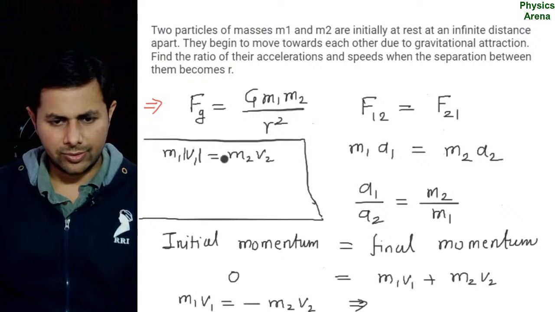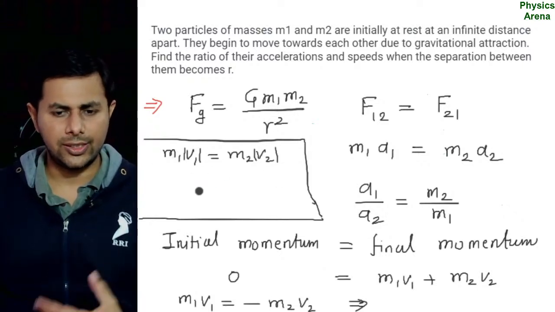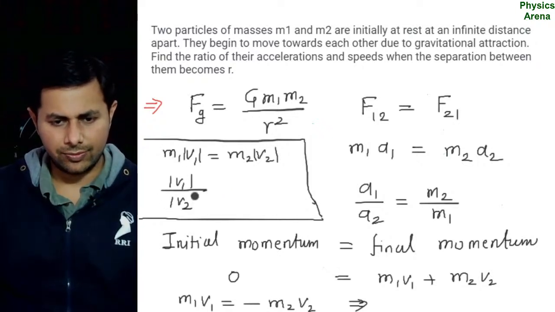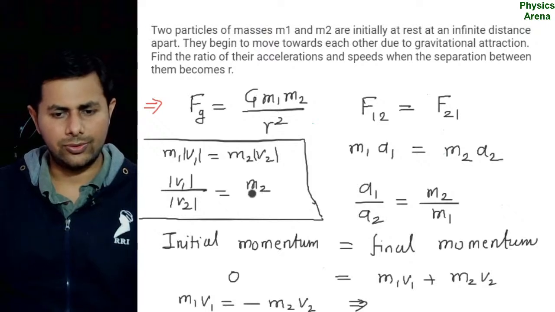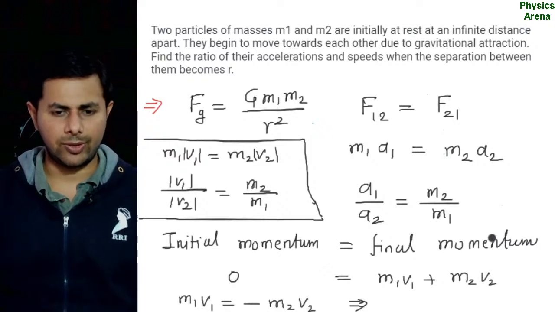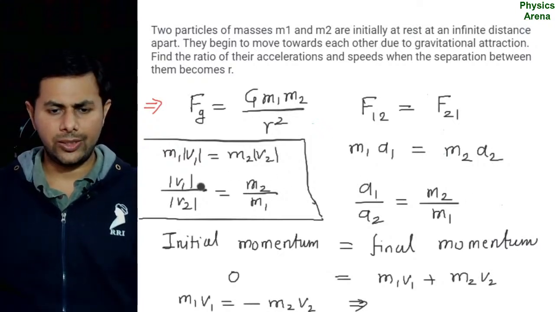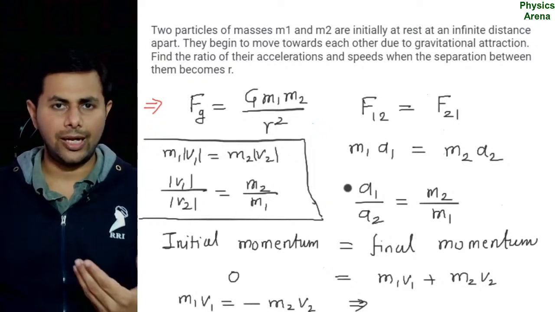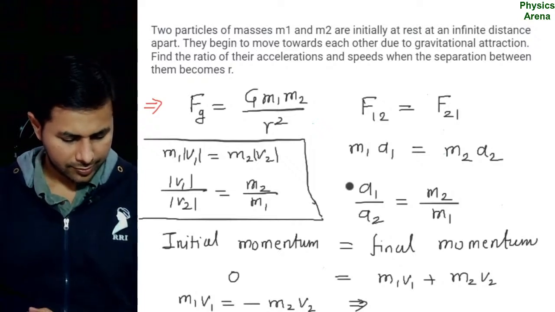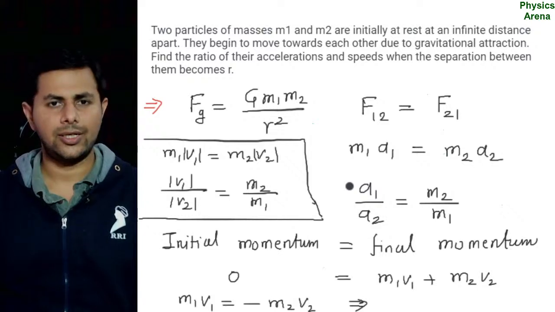So m1 times the magnitude of v1 equals m2 times the magnitude of v2, because the magnitude of velocity is speed, and therefore the magnitude of v1 divided by the magnitude of v2 is just equal to m2 over m1. So we can solve this problem in this simple way. The ratio of accelerations is m2 by m1, and the ratio of their speeds is also m2 by m1. Is it clear?